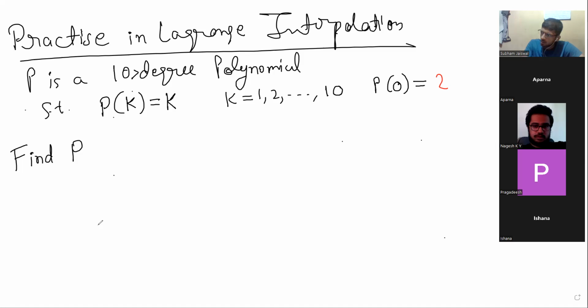Can we write P(k) minus k as q into (x minus 1) into (x minus 2) till (x minus 10)? P(k) minus k is equal to some q into (x minus 1) into (x minus 2) till (x minus 10). How? This is k, this is x.